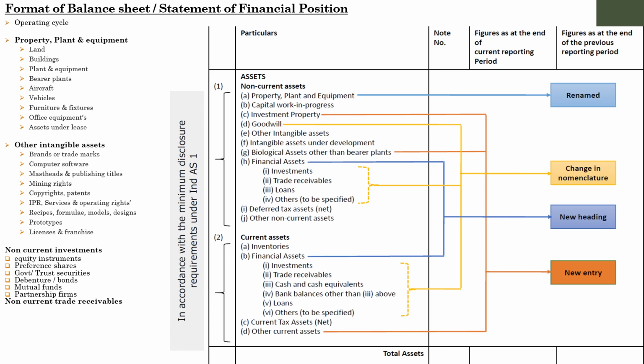Under non-current trade receivables, or we can simply say long-term trade receivables, there are again three categories. First one, we might undergo trade receivables with outside parties, or we can simply say debtors, or anyone who owes money to our concern. We may undergo secured types of dealings, unsecured types of dealings, and doubtful types of dealings.